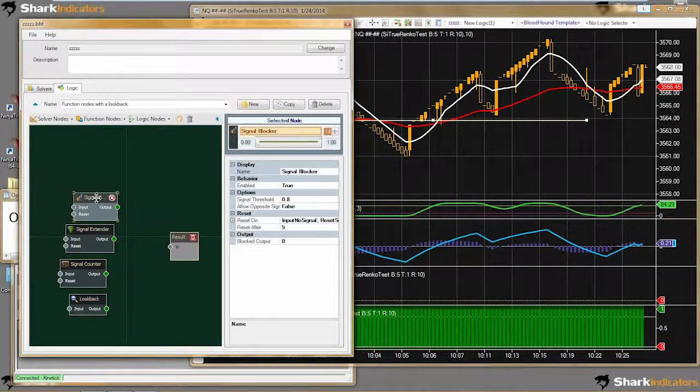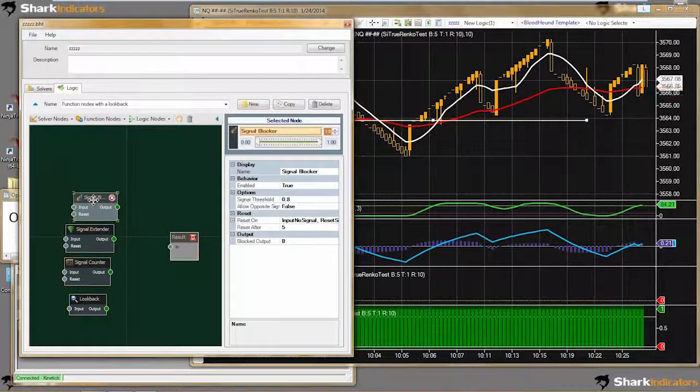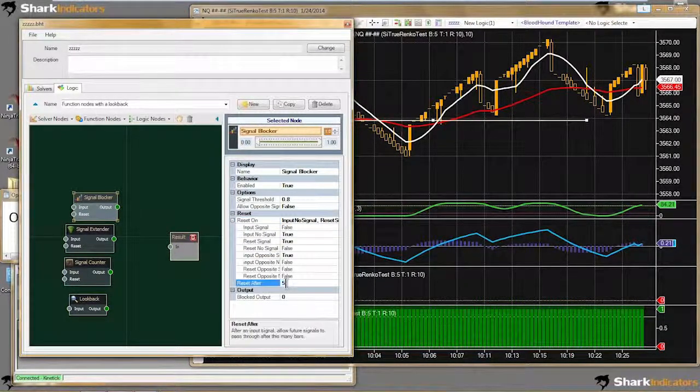But essentially, these three function nodes here, you'll notice that they have this reset after. What this reset after is doing is counting forward. If I set this to 50, it's counting forward 50 bars to know when it should reset itself. Same with the signal extender here.